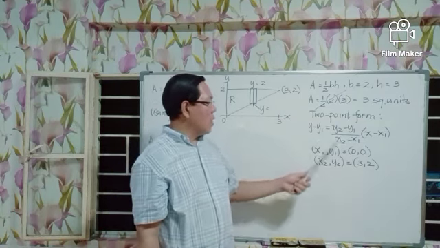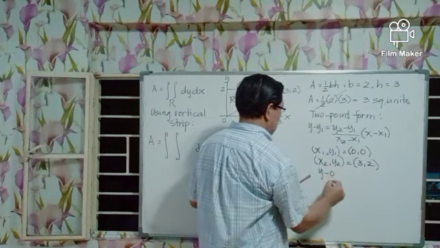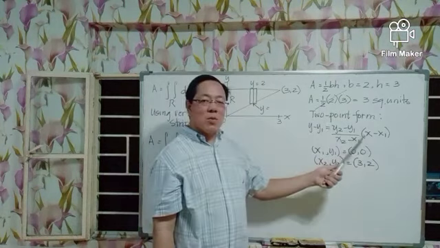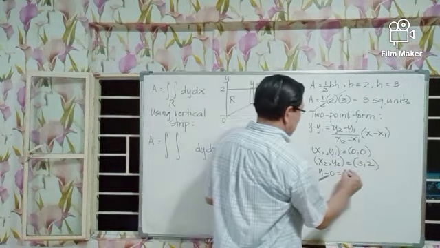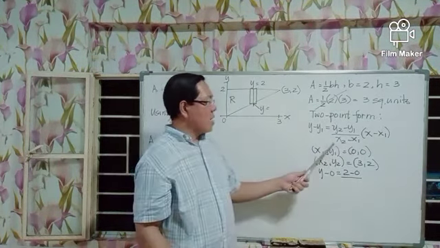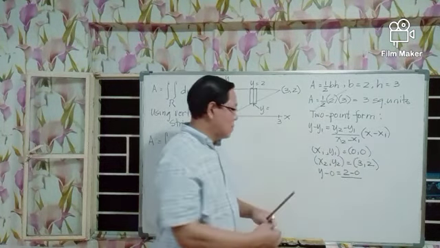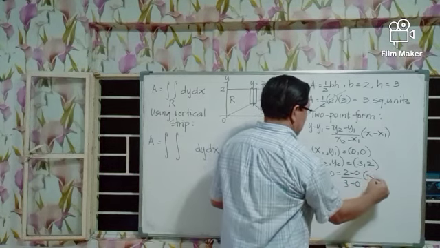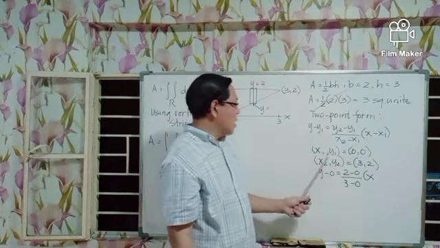Y minus y1, y1 is 0, is equal to y2 minus y1, y2 is 2 minus 0, all over x2 minus x1, x2 is 3 minus x1 is 0, multiplied by x minus x1, and x1 is 0.